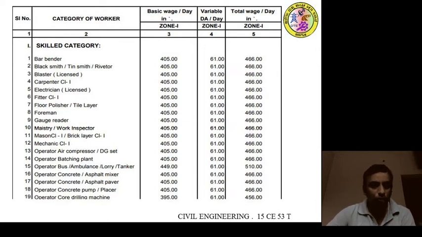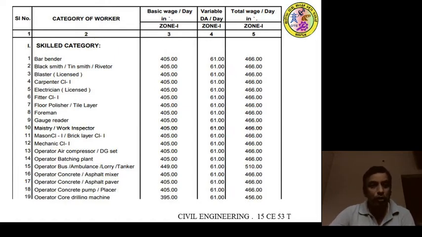For example, the first one, the skilled category, bar bender. The total wages per day is 460 rupees, 66 rupees per day will be given to the labor by the contractor or the government department. This amount will be fixed by the chief engineer at district level or it may be at state level.